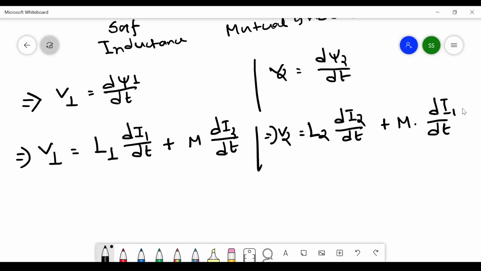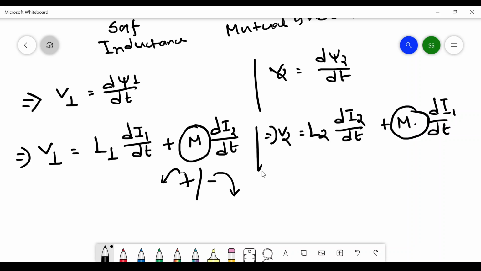Now, with respect to the direction of the current in different coils, this mutual inductance can be positive or it can be negative. We need to find out when the mutual inductance will be positive, that is, the flux is additive, or when it is negative, that is, the flux is subtractive.